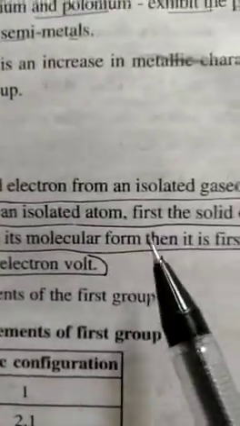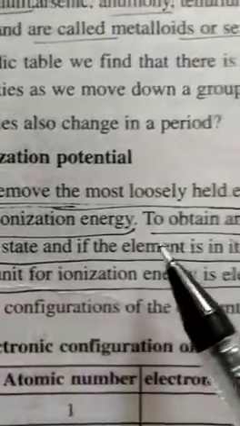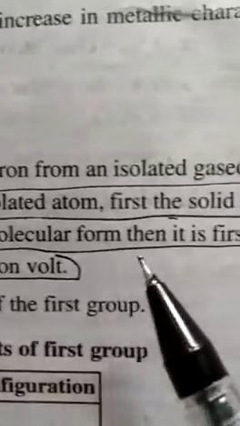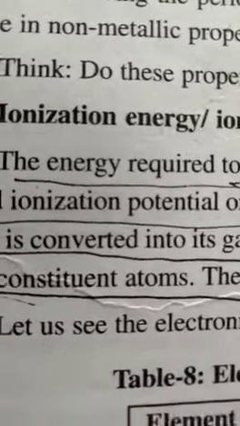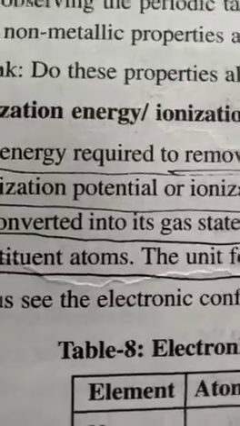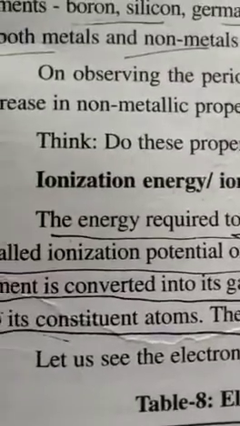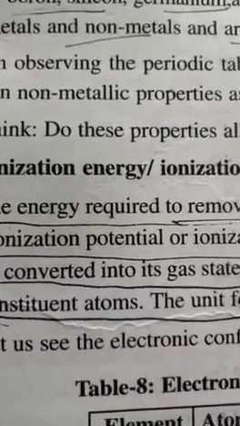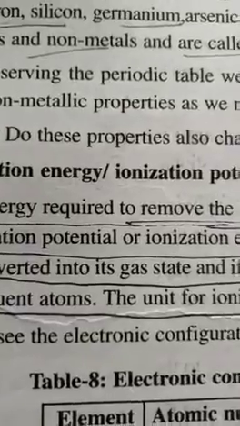First the solid or liquid element is converted into gas state, and if the element is in its molecular form, then it is first broken into its constituent atoms. Constituent means which cannot be separated. An atom cannot be broken down, right? A molecule can be broken down into atoms, but an atom again cannot be broken down.